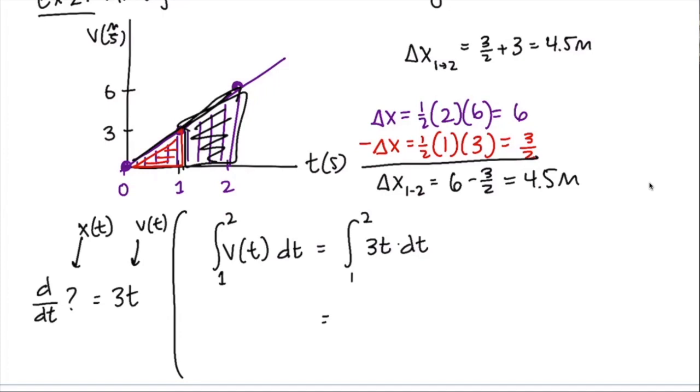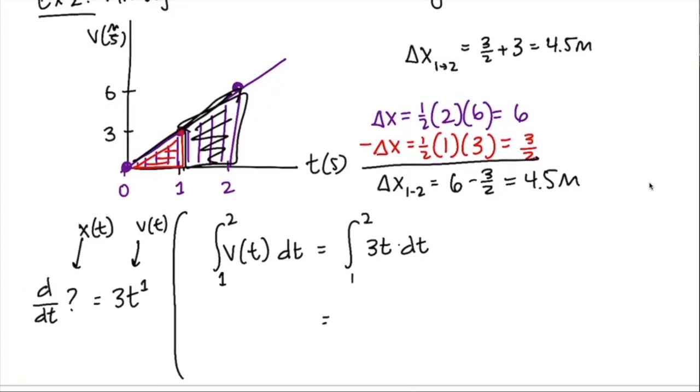And so we have to think about, well, what did I do to get the derivative? When I take a derivative, I bring the exponent down and multiply that out front. Then the exponent decreases by 1. So to undo that, the exponent needs to increase by 1.